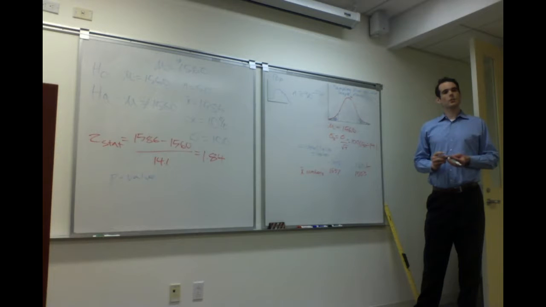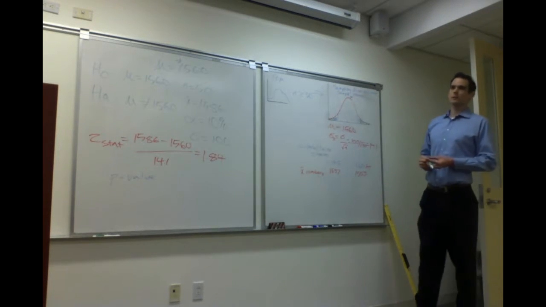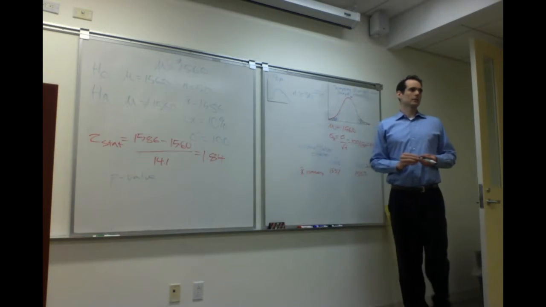So we're looking on the z-table for negative 1.84. How much data is less extreme than that?